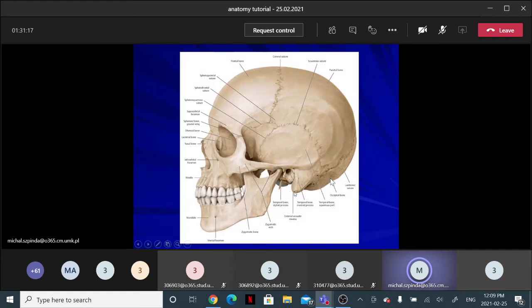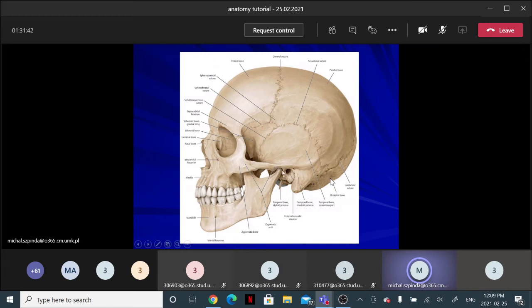And here is the zygomatic, the mastoid part of temporal bone, tympanic part with external acoustic meatus. Here is visible ramus of mandible with its coronoid process and condylar process bearing the head of mandible.